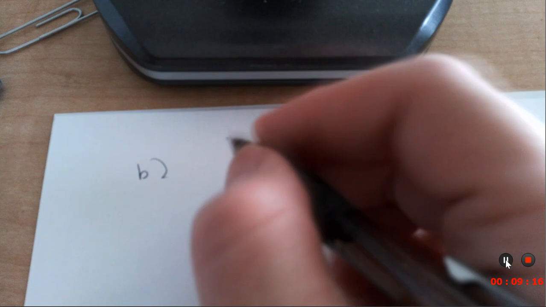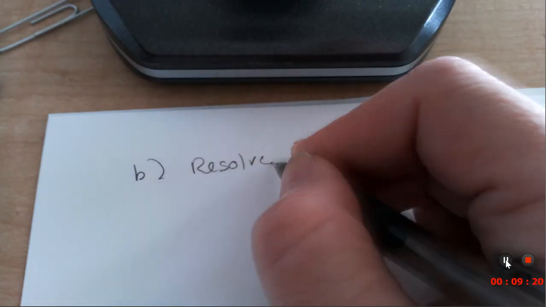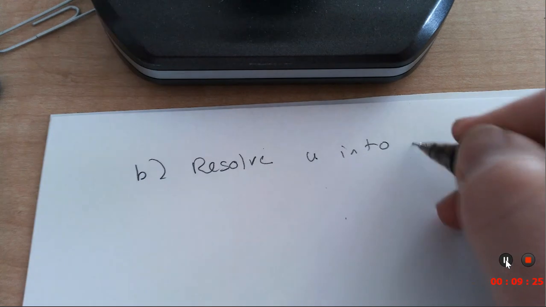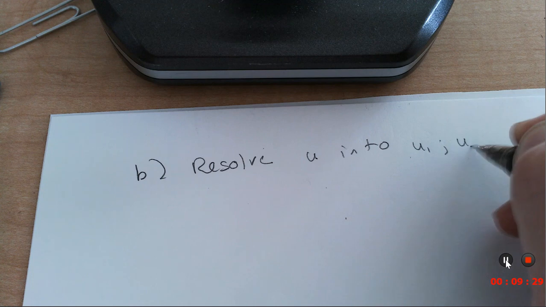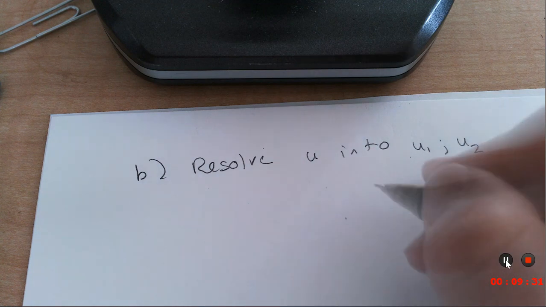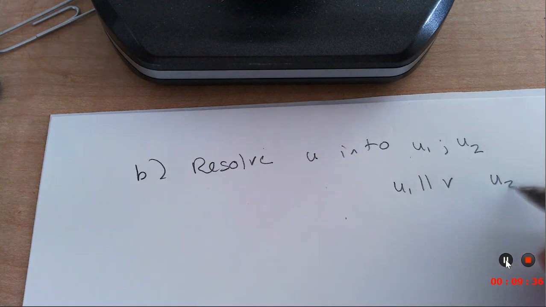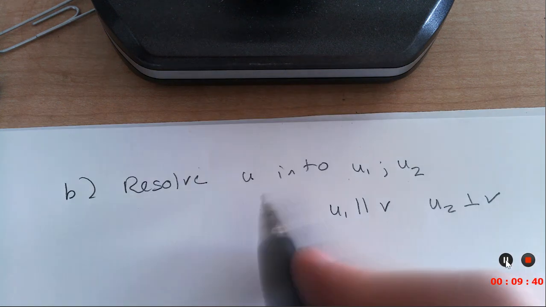So part B of this example is to resolve the same vector u into u sub 1 and u sub 2, where u sub 1 is parallel to v and u sub 2 is perpendicular to v.